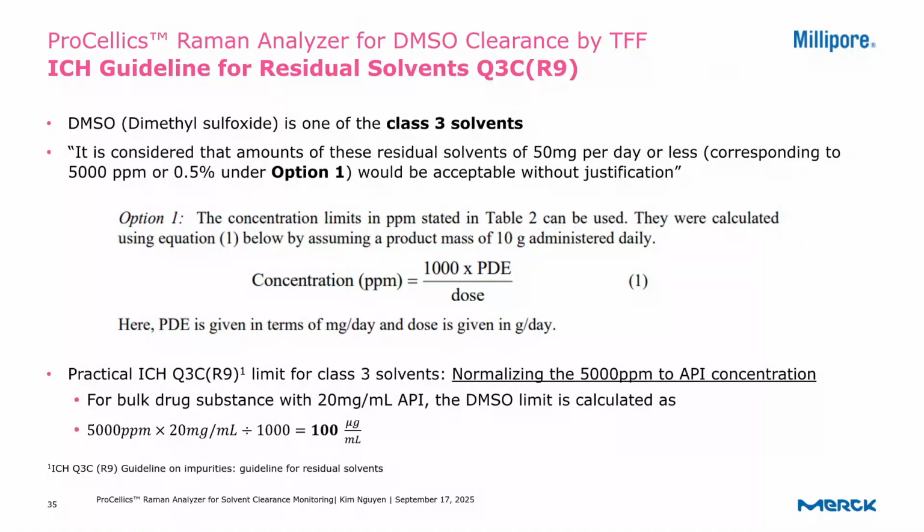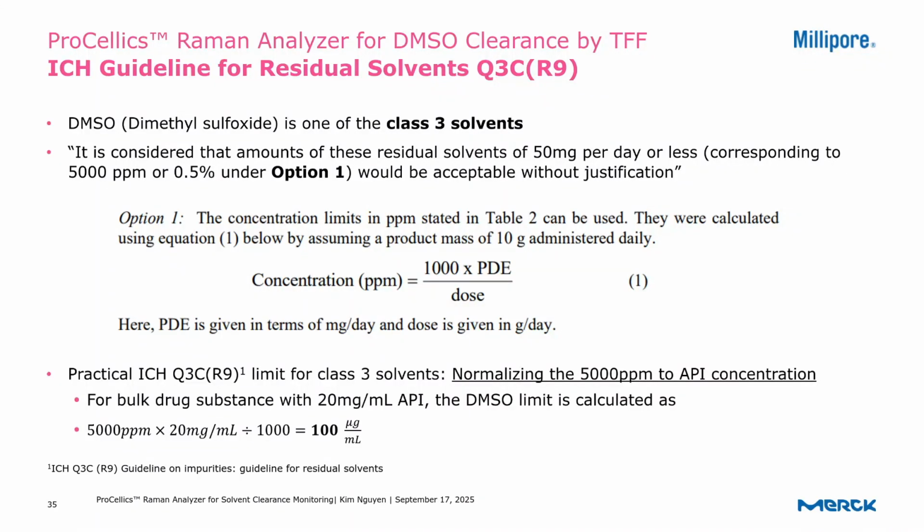DMSO is a class 3 solvent, and the ICH guideline limit for DMSO is 5,000 ppm. According to ICH guidance, PDE, which stands for permitted daily exposure, sets a limit on how much of a specific contaminant can be present in a drug product based on its toxicity profile.